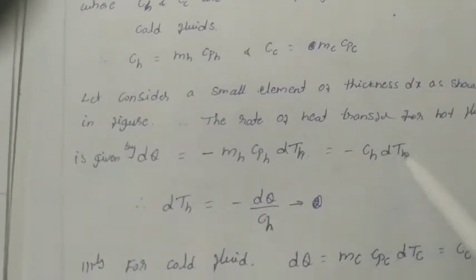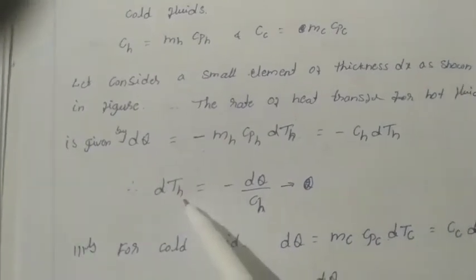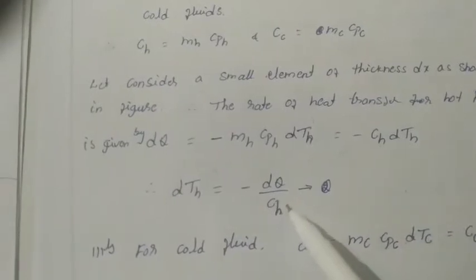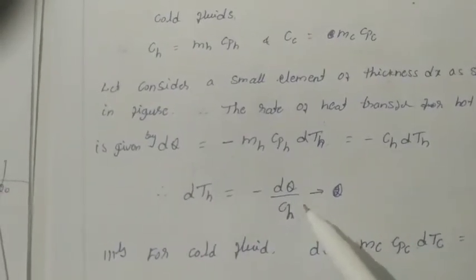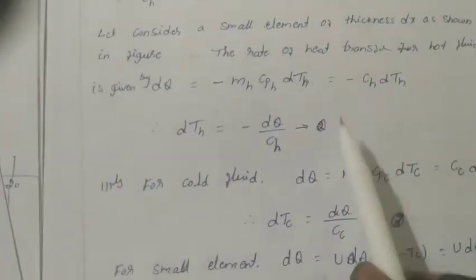Using that, dTh is equal to minus dq by Ch. Here I have to identify the LMTD, the logarithmic mean temperature difference, so we take the temperature terms separately. Let us call this equation number 2.